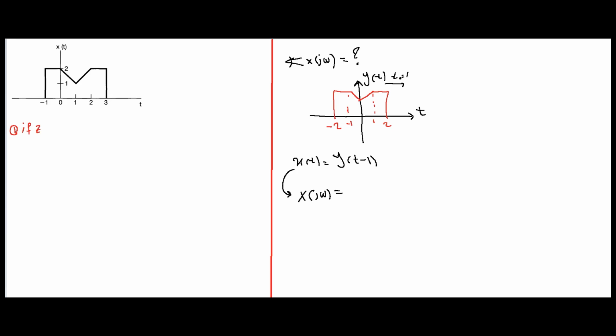According to this property, if a signal z(t) has the Fourier transform Z(jω), then z(t-t0) will have the Fourier transform e^(-jωt0) multiplied by Z(jω). Here, t0 is 1. Therefore, the Fourier transform of y(t-1) becomes e^(-jω) multiplied by Y(jω).